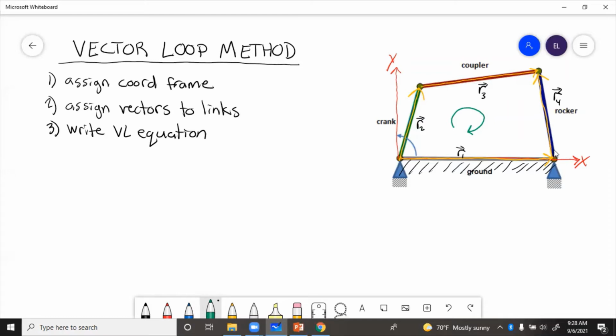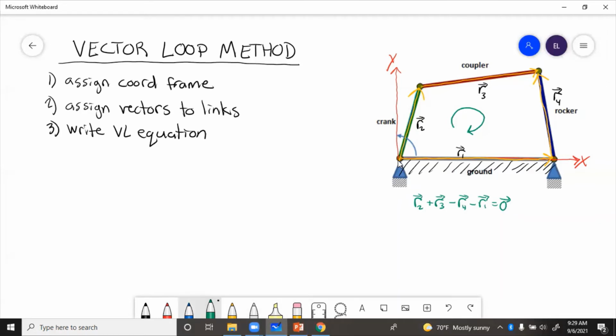Then we go against R4, see we're opposite the arrow direction, against R1, opposite that arrow direction. And all those added up will equal the 0 vector because we ended up the same place as we started at. So writing that equation, we'll have R2 plus R3 minus R4 minus R1 equals 0. So notice that the equation matches the diagram in the direction that we went around.